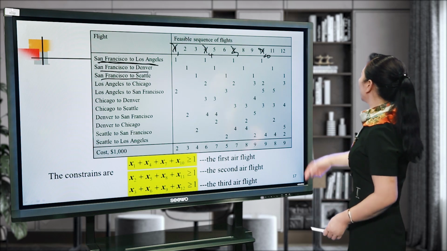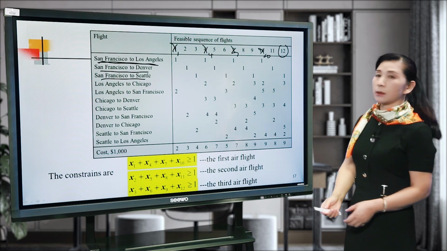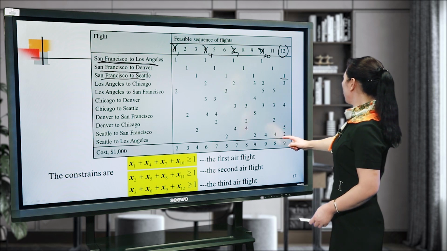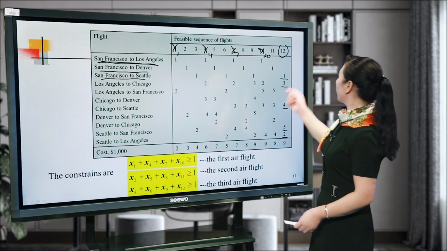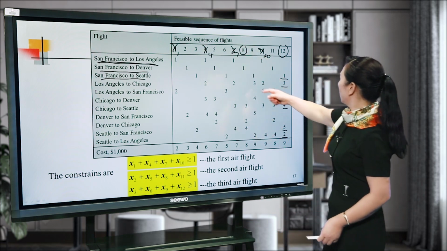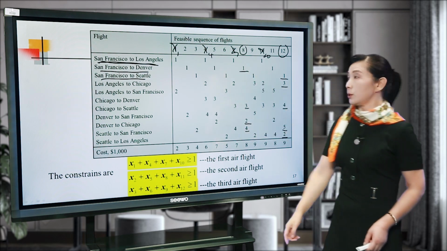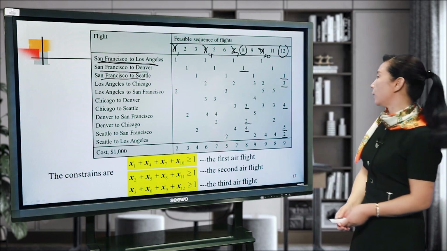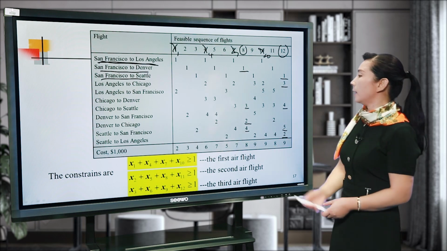We noticed, for example, in feasible sequence of flights 12, it covers flights 3, 4, and 5. And we noticed feasible sequence 8 covers flights 2, 3, and 4. So all these numbers are the flight order. First flight, second flight, third flight, and fourth flight, and so on.